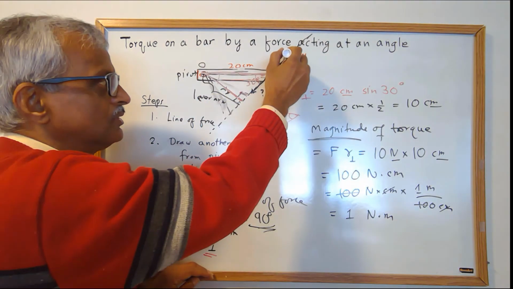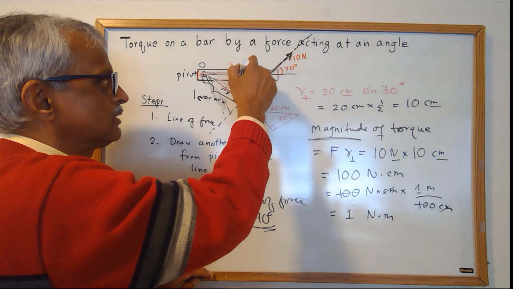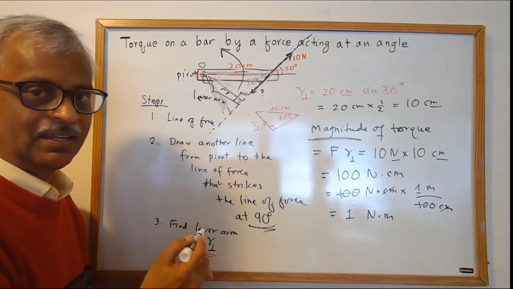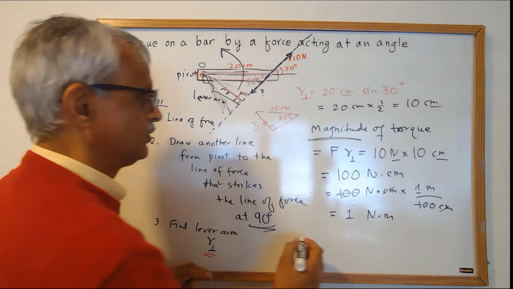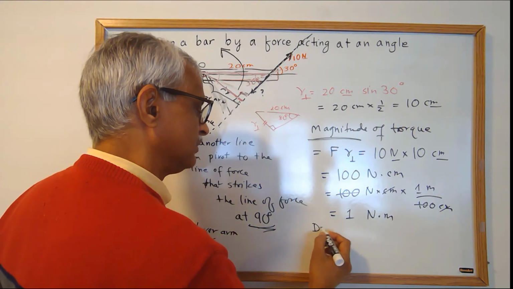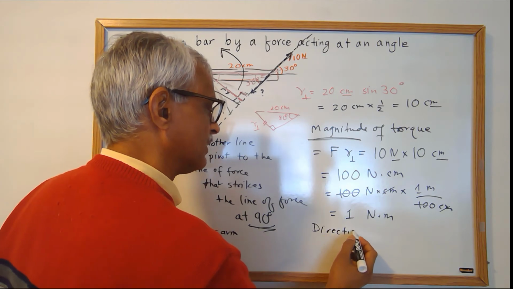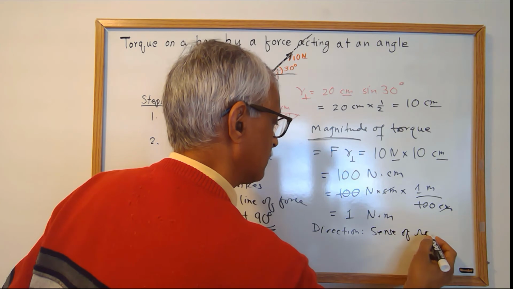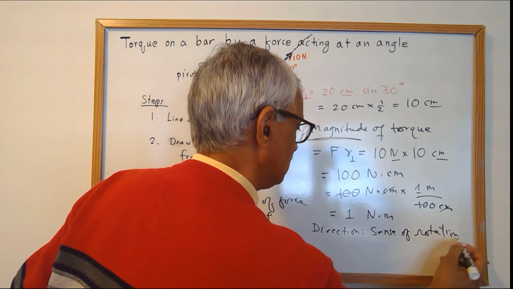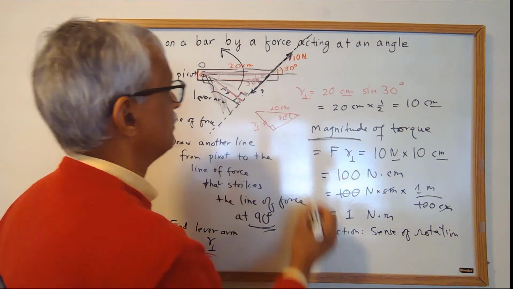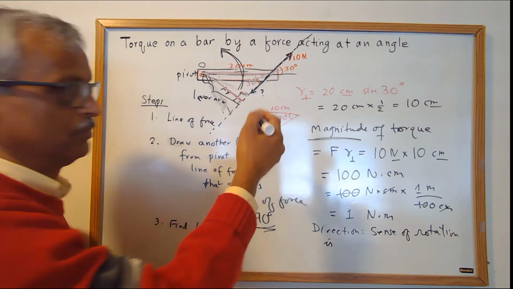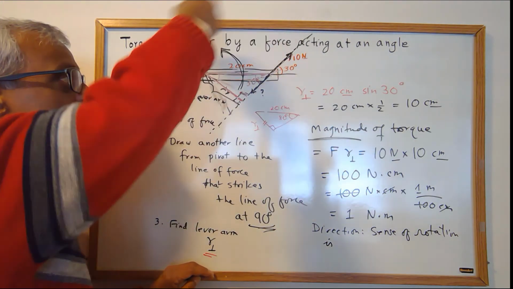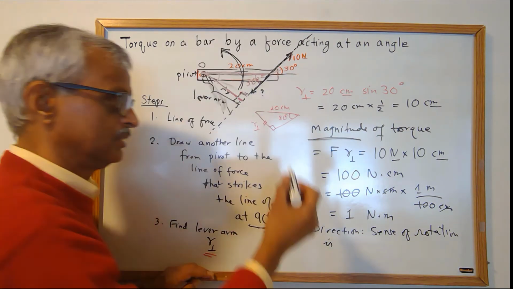This force is trying to rotate that way. The other force would rotate in exactly the opposite direction. So we give direction by the sense of rotation. Looking at it from the front, it looks counterclockwise.